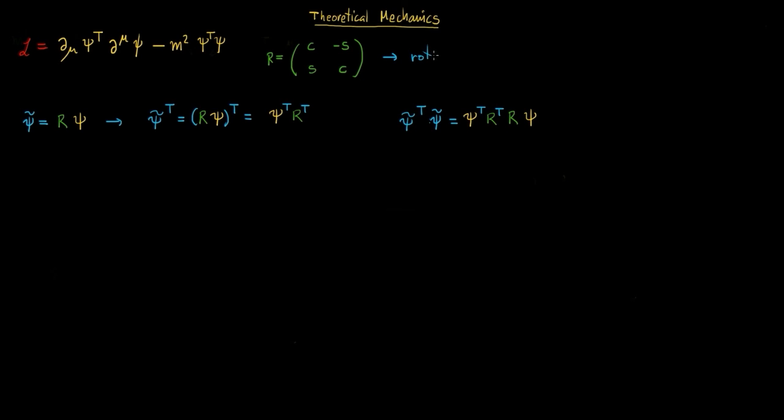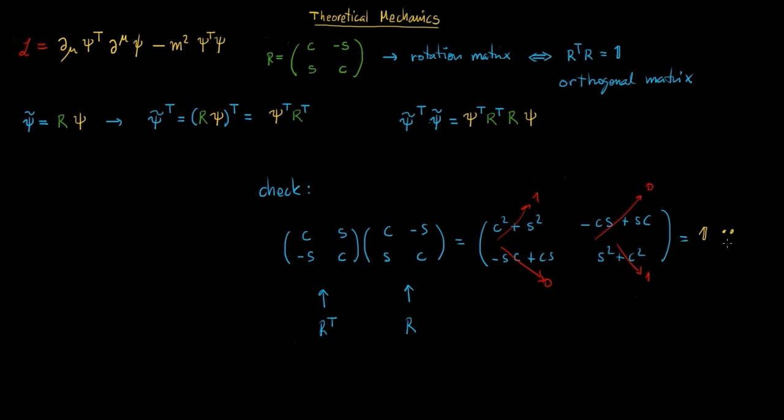But remember that a rotation matrix fulfills that the transpose matrix multiplied by itself is equal to the identity. These kinds of matrices are known as orthogonal matrices, and if you wish, we can easily check this. We recover the product of the transposed field multiplied by itself.